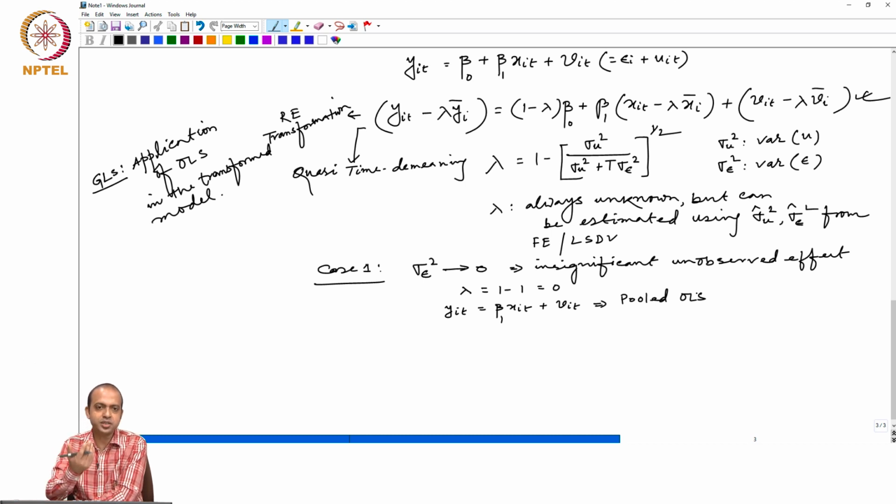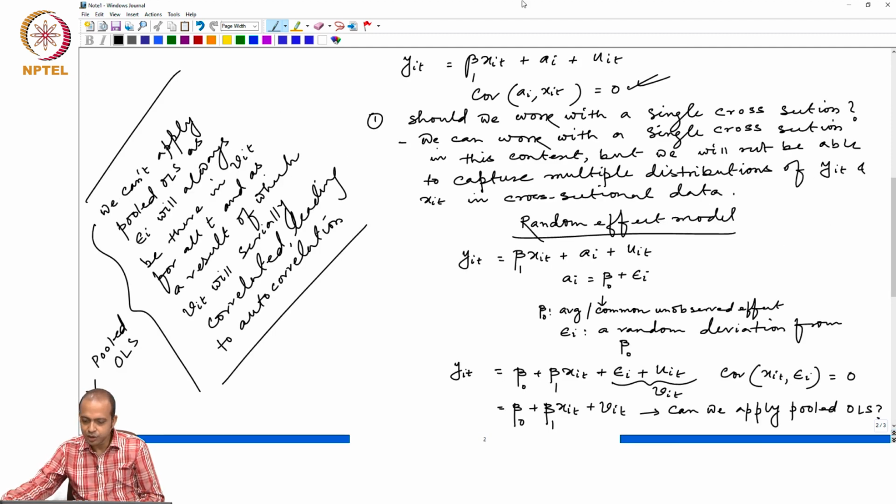If that itself is insignificant, then we can very well apply pooled OLS. Pooled OLS was not applicable because in this model epsilon i will always be common in vit, so vit would be serially correlated.